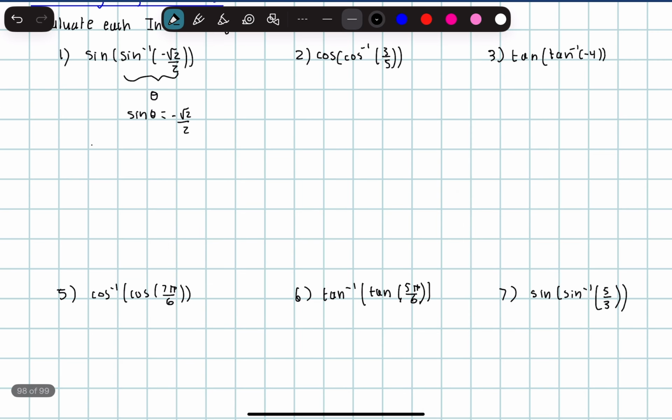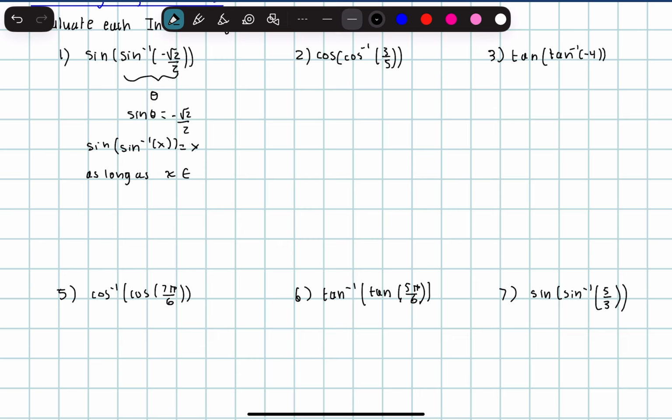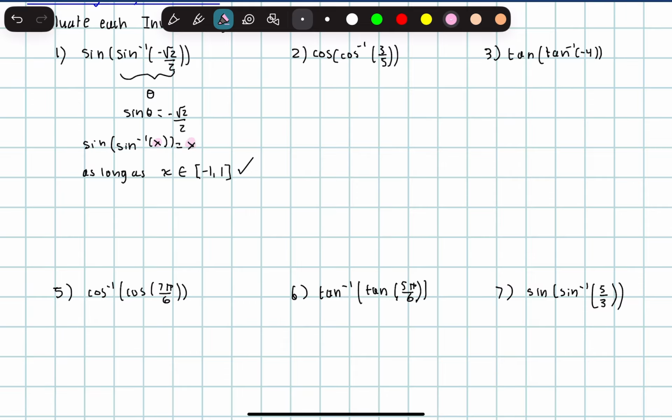Now we know that sine of arcsine of x is going to equal x, as long as x is in the range of negative 1 to 1, and it is. So this is just x, which means the answer is negative root 2 over 2. Hooray, that's awesome.